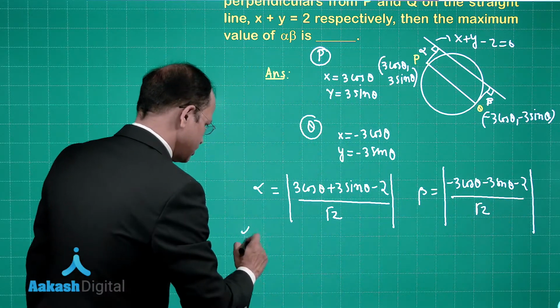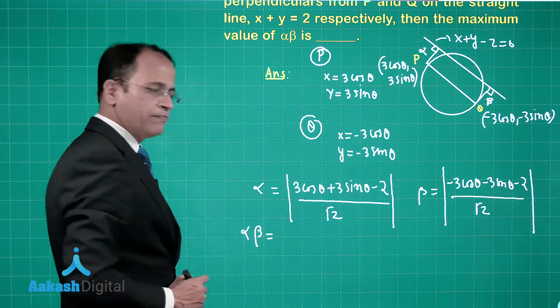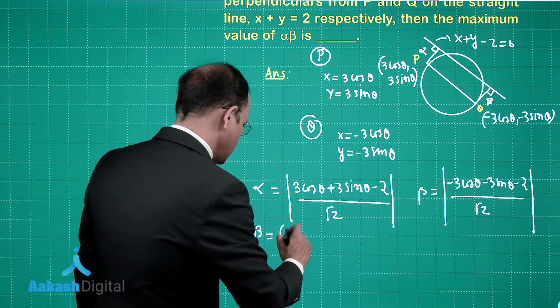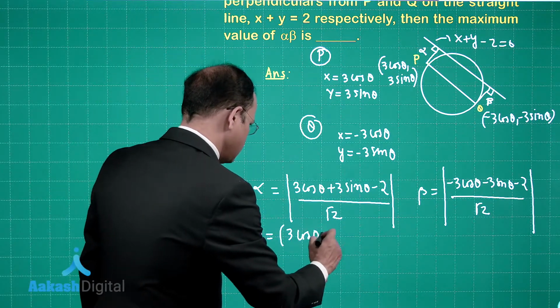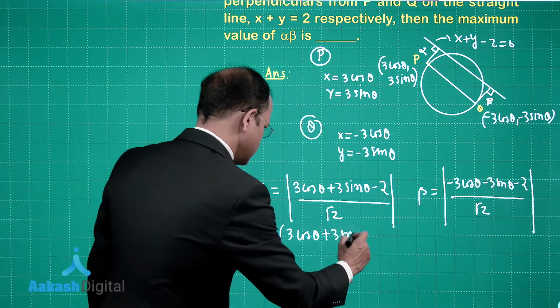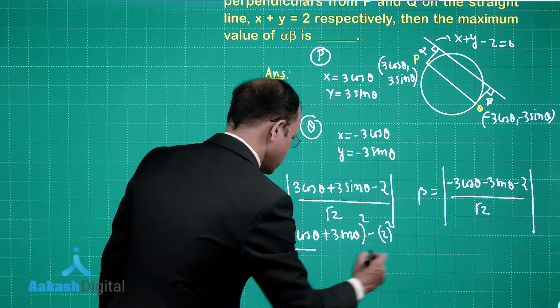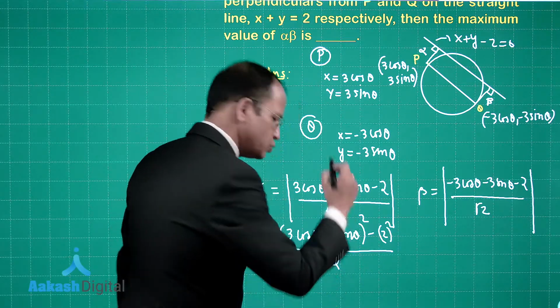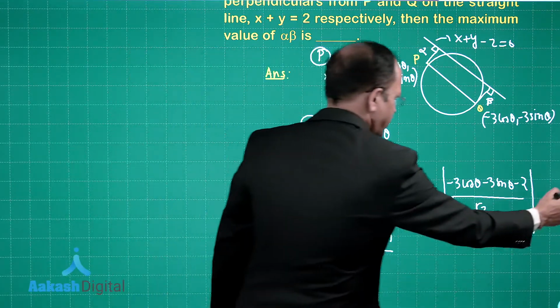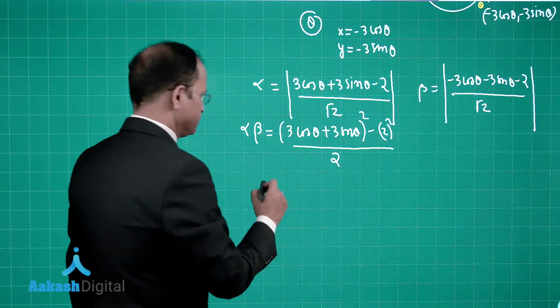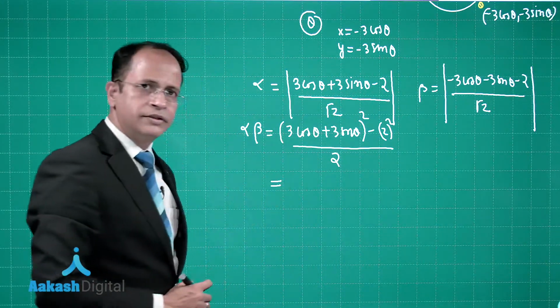So if I take the product of this, that is alpha into beta, what do we get? We get 3 cos theta plus 3 sin theta, right? And this is square minus 2 square, divided by 2 we have. Correct? Now let us go to the next part here. So if I square it, what we get?